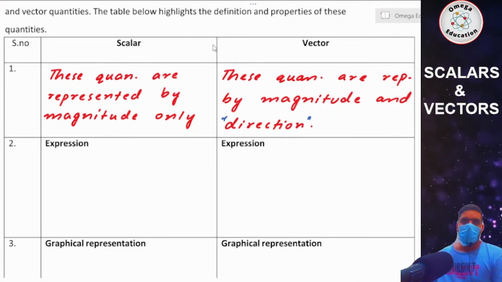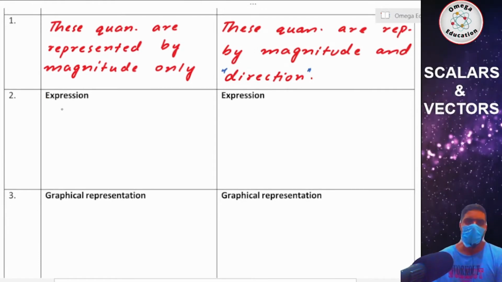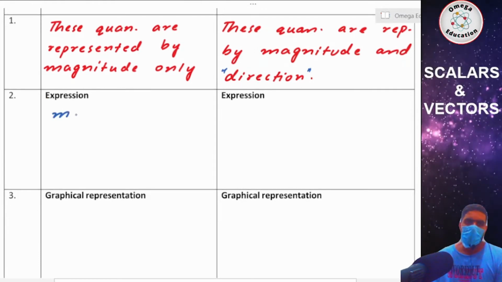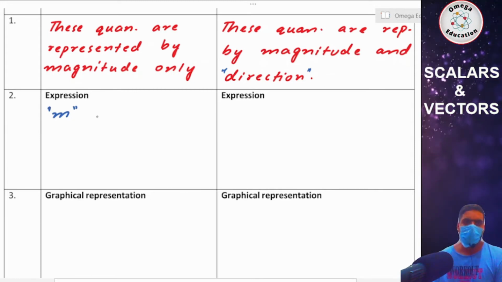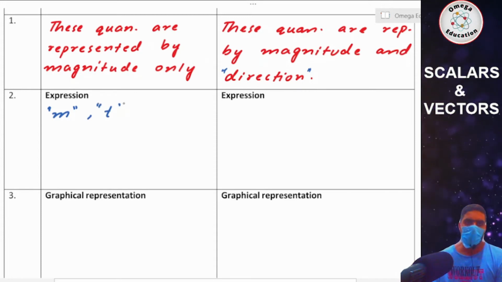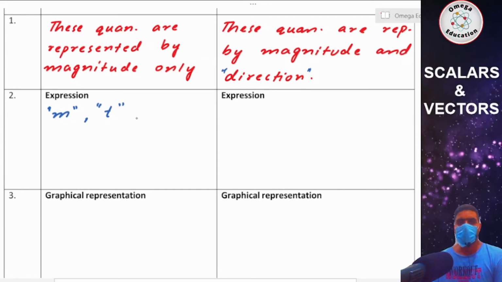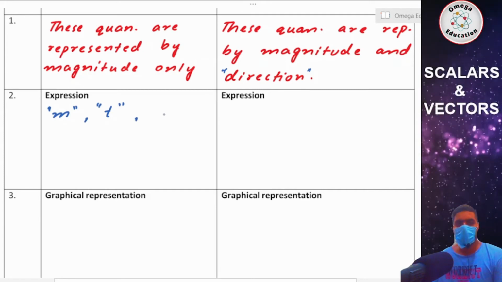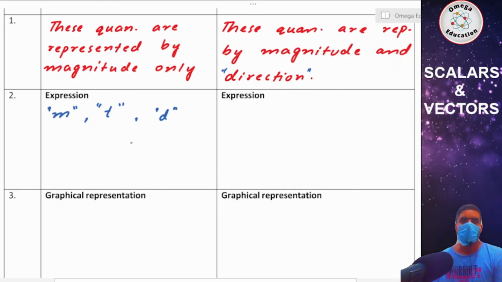Now, the scalar quantities, if you have to express them, for example, time or mass, are represented by m for mass and small t for time. Alright, so these are some of the examples of scalar quantities. One of them, let's say distance, is represented by d.